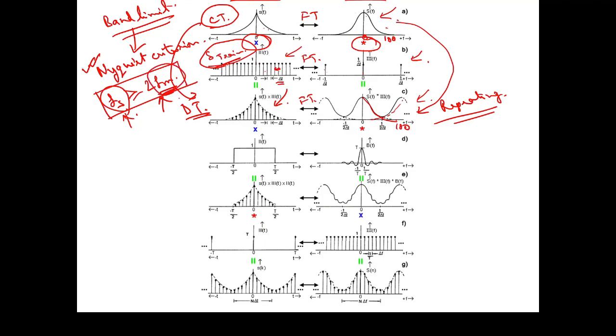But for a continuous time signal, fm equals infinity, which we cannot handle with our digital systems. Because of this, we have to band limit the signal, so that in the frequency domain, when the frequencies are repeating themselves, they do not get overlapped.